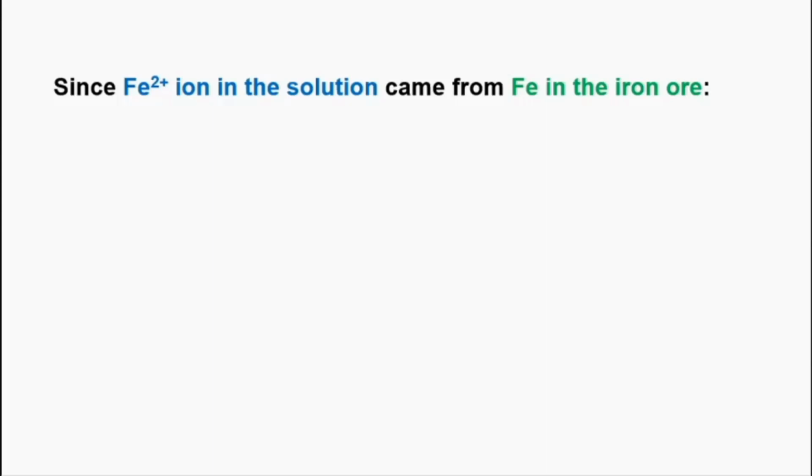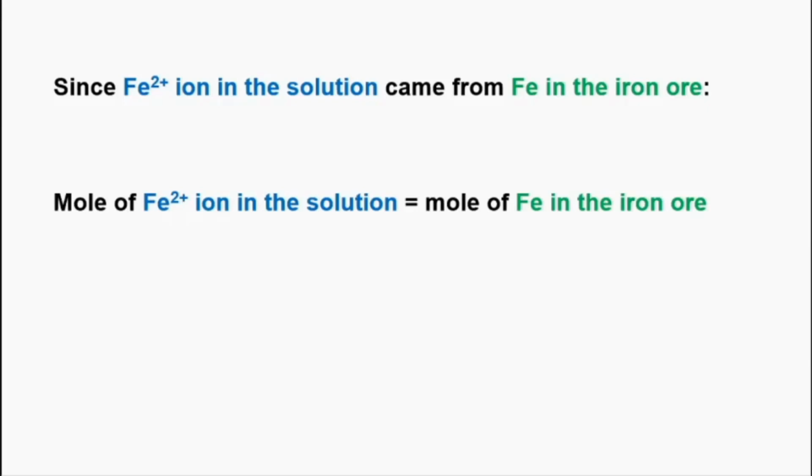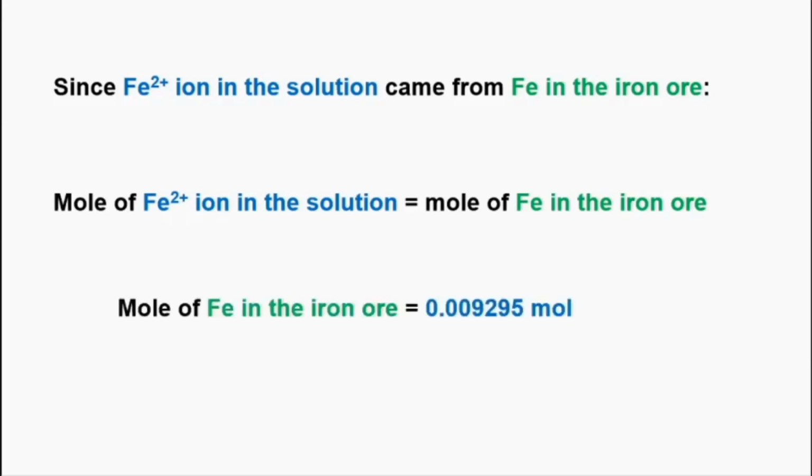When we dissolve iron ore into the acid solution, the iron in the iron ore dissolves to form iron 2. So the moles of iron in the iron ore and the moles of iron 2 in the solution are the same, which is 0.009295 mole.